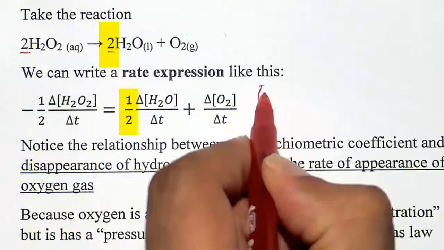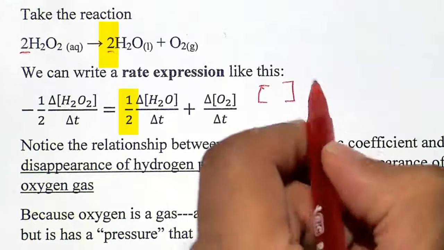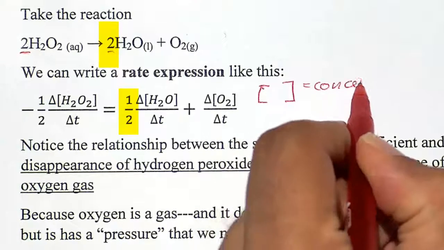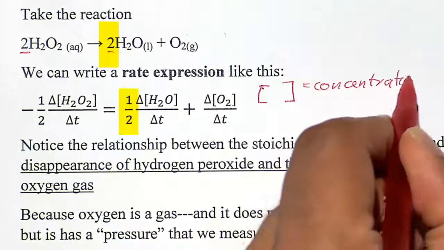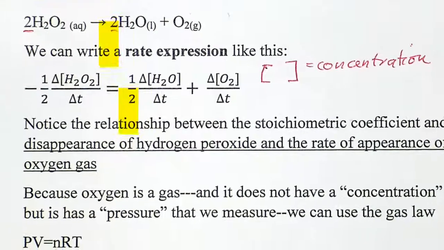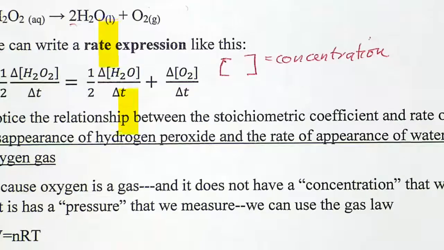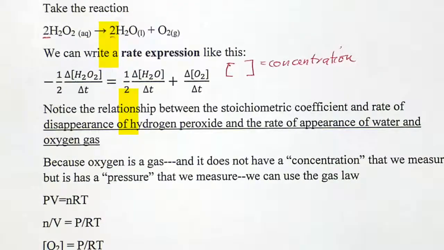Notice that we're talking about concentration. So that bracket implies concentration. Usually it's moles per liter, but it can be in other types of units as well, like millimolar or micromolar or picomolar. But it's moles over liters. So notice the stoichiometric relationship.